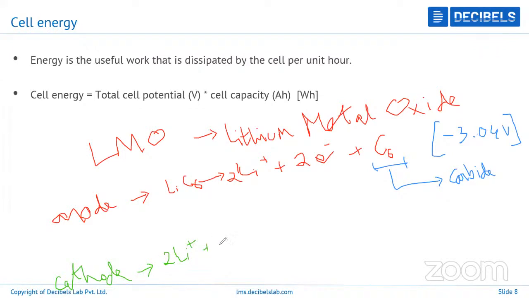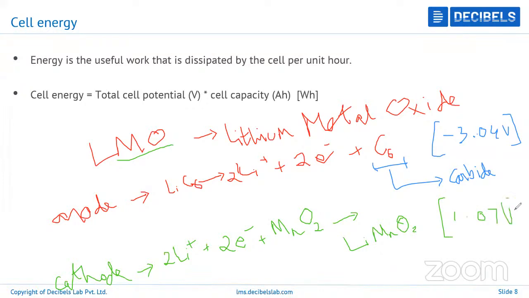So 2 lithium ions plus 2 electrons plus the metal oxide, which is manganese dioxide, MnO2, gives LiMnO2. So this is your reaction at the cathode, and it has a total reaction potential of 1.07 volts.